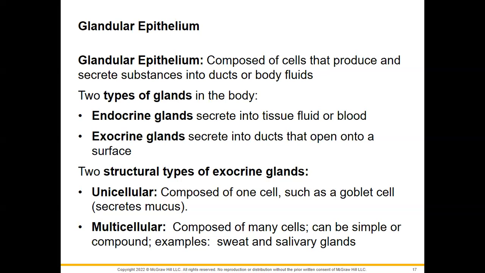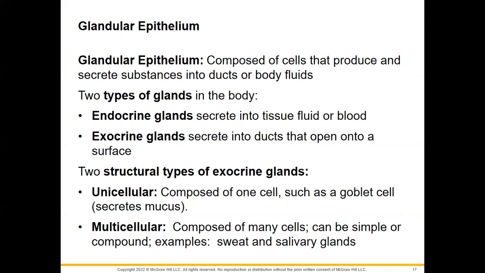Glandular epithelium is composed of cells that produce and secrete substances into the ducts or directly into body fluids. The substances produced and secreted are going to be things like your hormones, your sweat, your tears, etc. Any of those products will either be secreted directly into body fluids or secreted onto a surface through a duct.